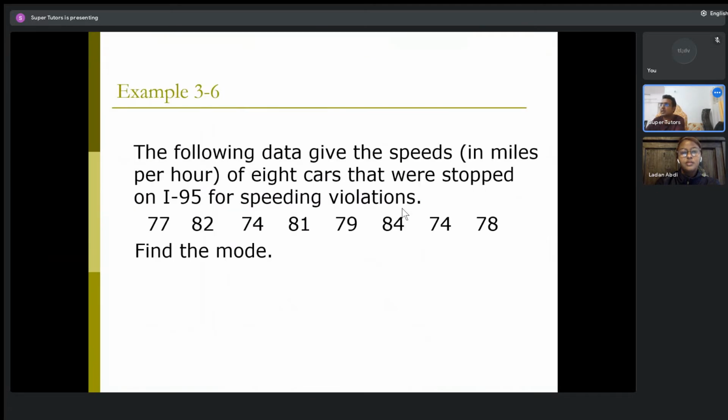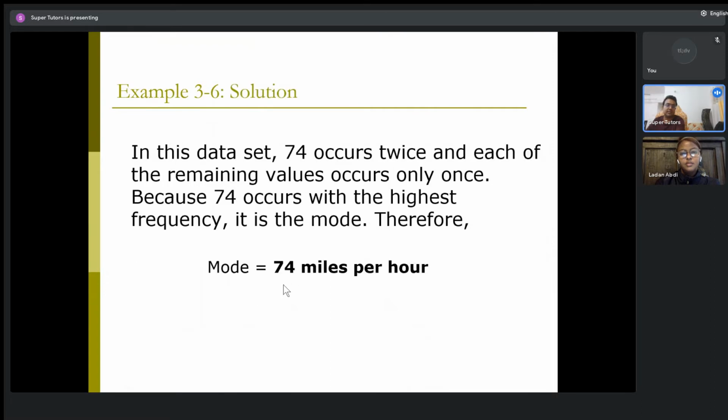So here, which value do you find is recurring the most? 74. Absolutely, because everything else is very unique. You have 178, 184, 181, 179, and so on. But you have 74 repeating twice. So the mode is 74, if that makes sense.